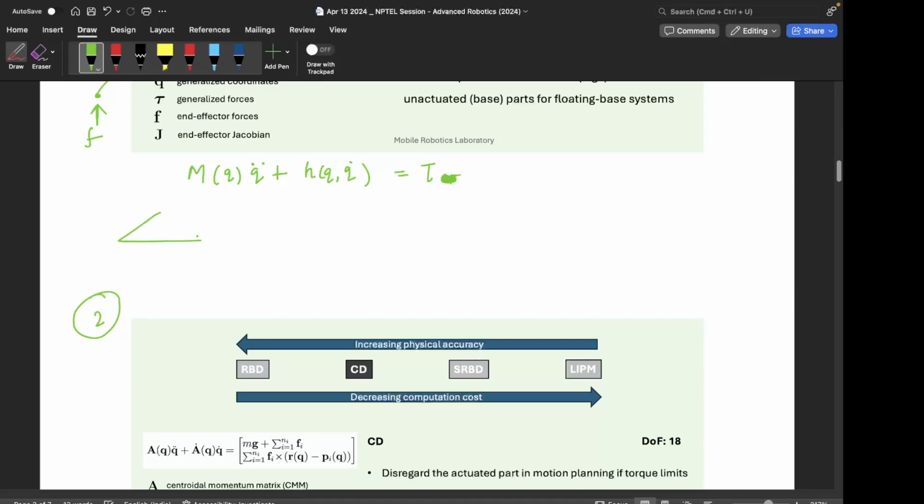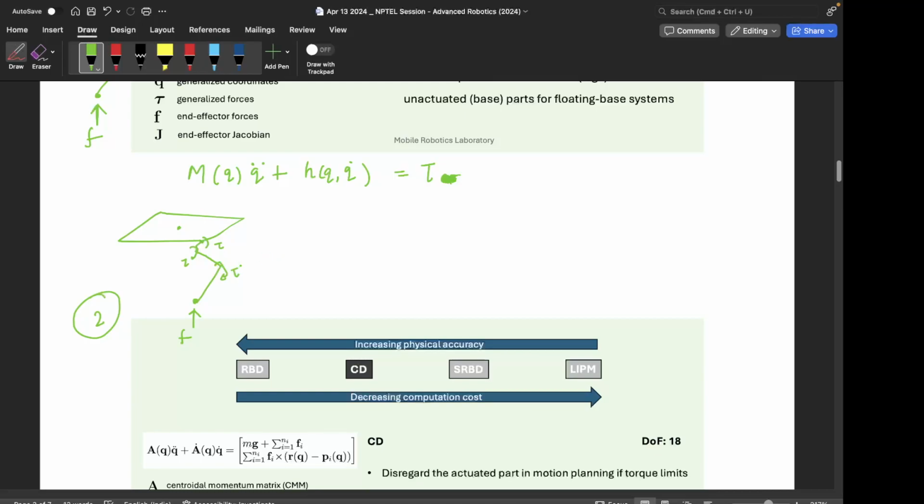So in the rigid body equation we have this, right? So we have the external force here, we have the joint torques here, tau, joint torques are acting, right? And this is the base and all.